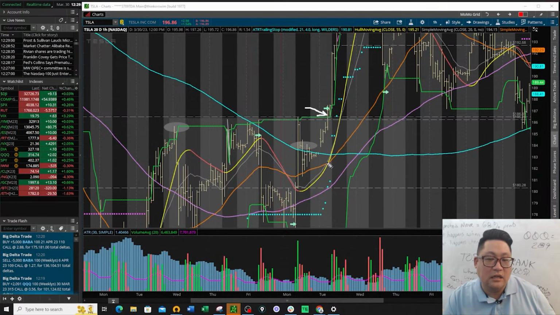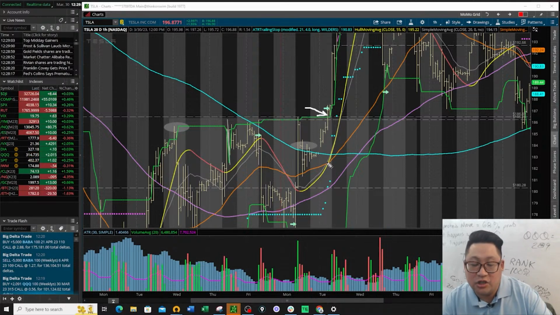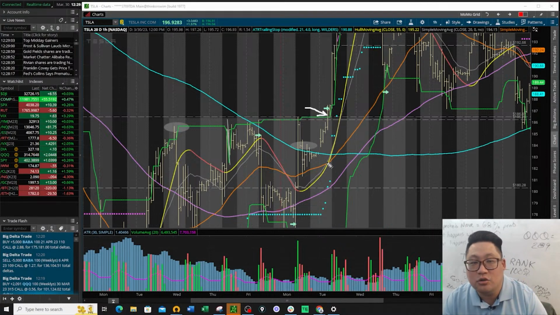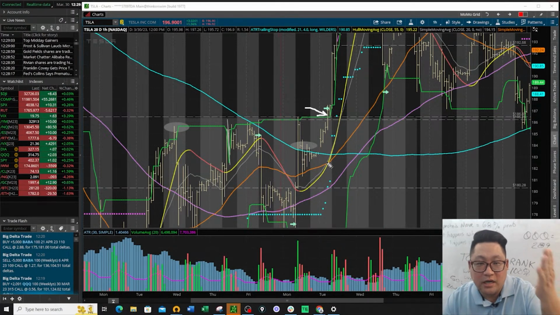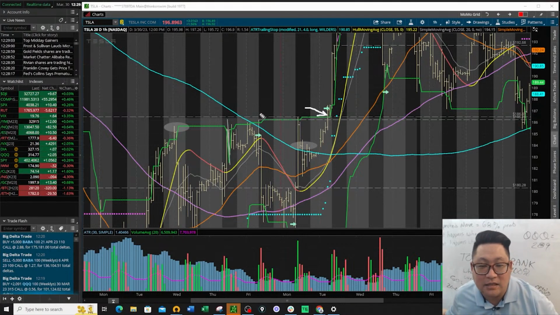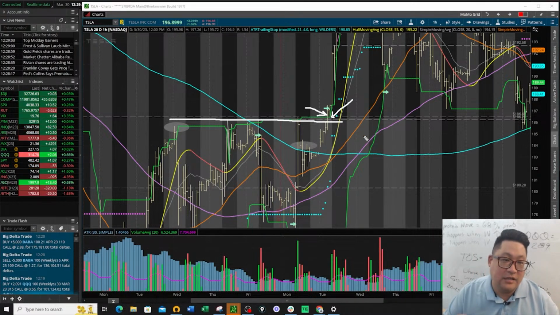So as you can see, the white arrow is pointing to the actual bar that broke out that channel, and the green arrow is pointing to the hourly bar, and something magical took place there. When it came back down to that previous resistance level, or the top of the box, right, you can see that box drawn out, they utilized that level as support.